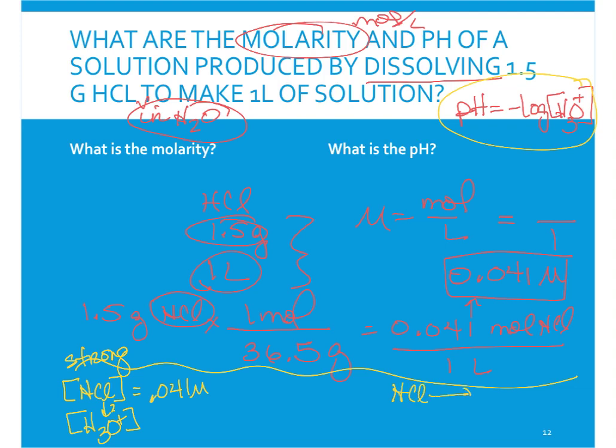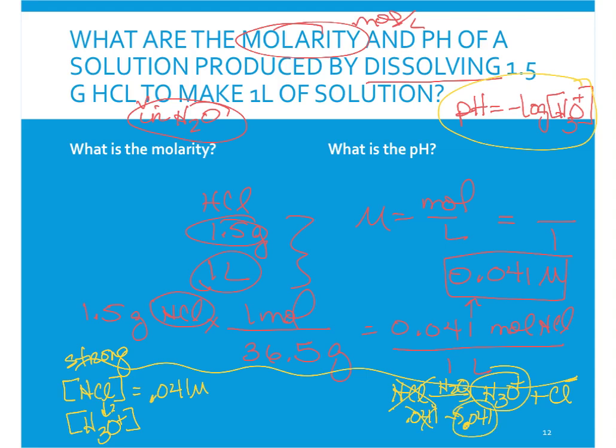The instant you put HCl in water, 100% of it is going to dissociate to give us hydronium ion and the chloride anion. None of the original intact HCl will be left. And so whatever the original concentration of HCl was, in this case 0.041, that is the exact concentration of hydronium ion we're going to end up with in water.